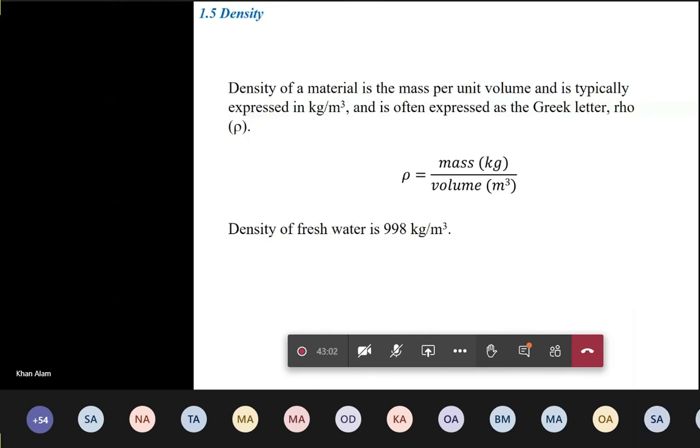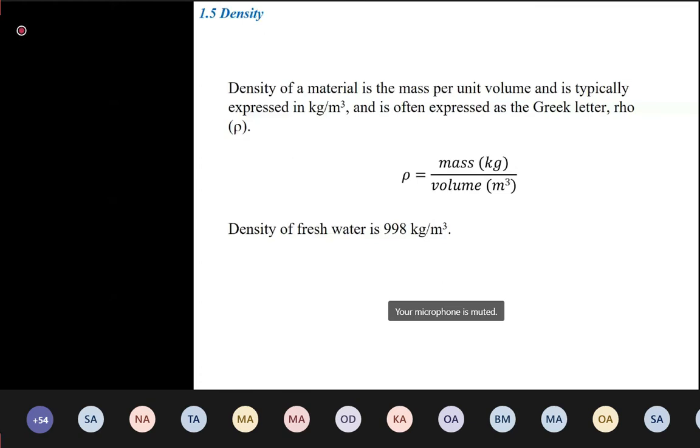Since all objects have some mass, we also know they occupy some space. For example, a soccer ball has some mass, but it also occupies space. So we can look at density, which is another name for this: how much mass there is per unit volume. For example, I have this duster here, and it has some mass and some volume.